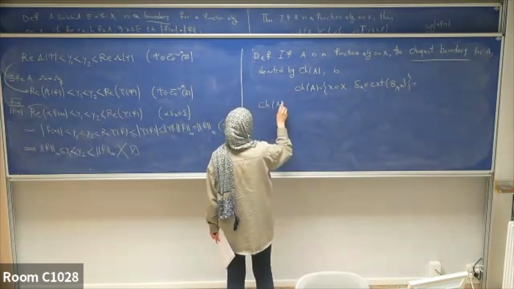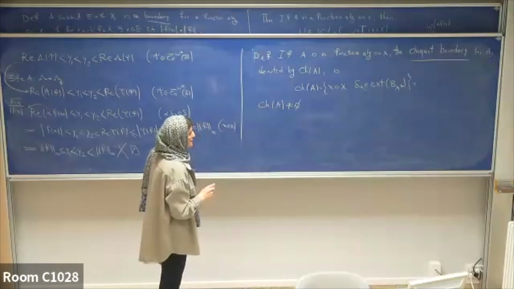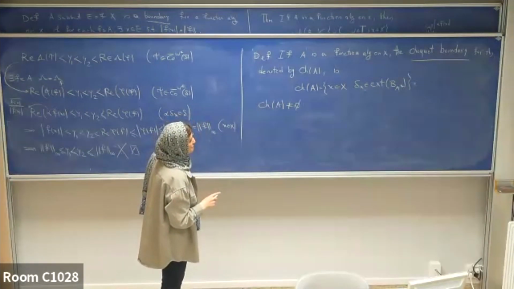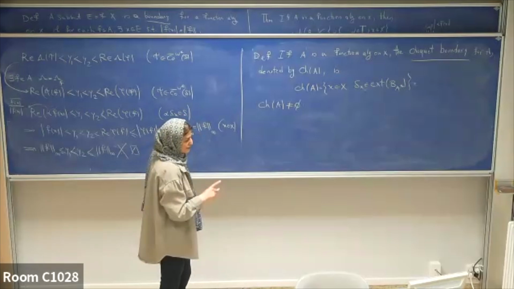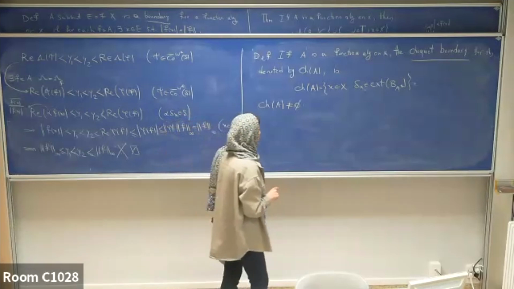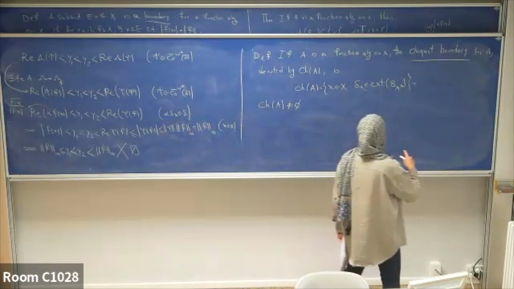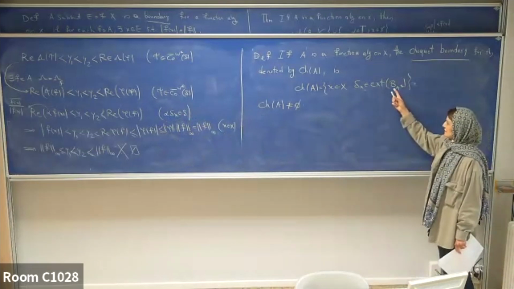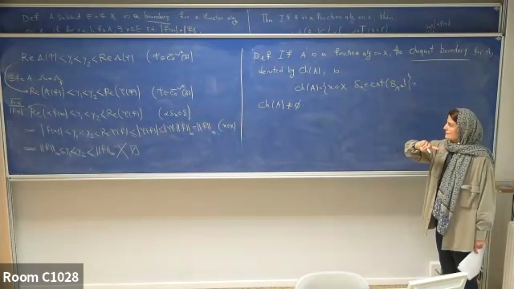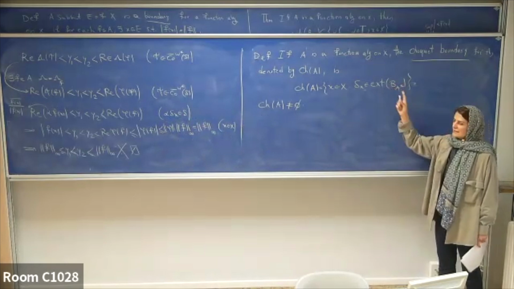The Choquet boundary is not empty because of the Krein-Milman theorem. When we have, in a locally convex space, a convex and compact subset, then the set of extreme points is non-empty.